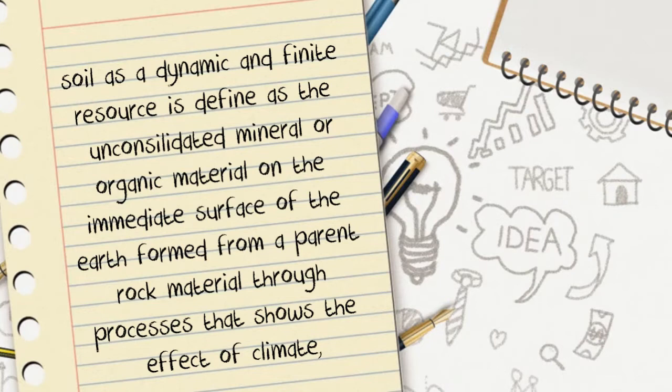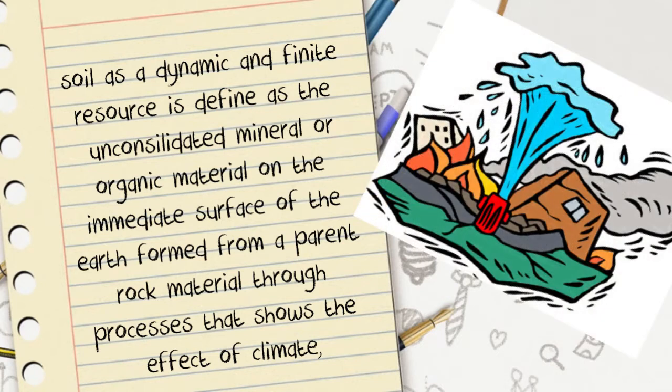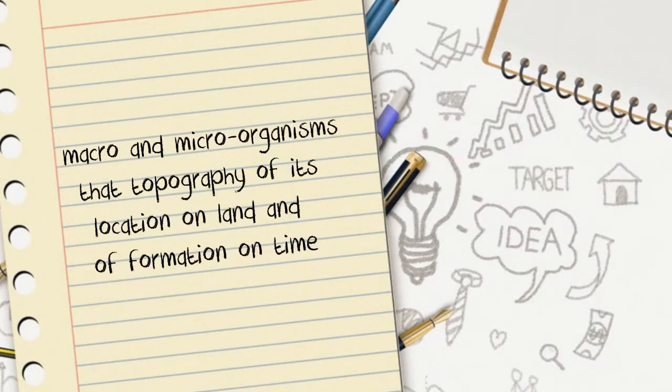At present, soil, as a dynamic and finite resource, is defined as unconsolidated mineral or organic material on the immediate surface of the earth, formed from a parent rock material through processes that show the effect of climate, macro and microorganisms, the topography of its location on land, and of formation on time.